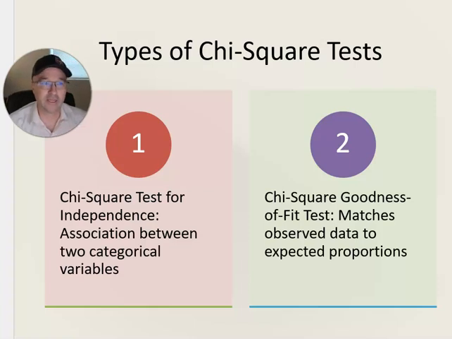And then the second is what we call the goodness of fit. This is the one that I've used the most, and that compares one categorical variable in your sample to a known or expected distribution. It's kind of like comparing blood types in a clinic to the general population blood types.